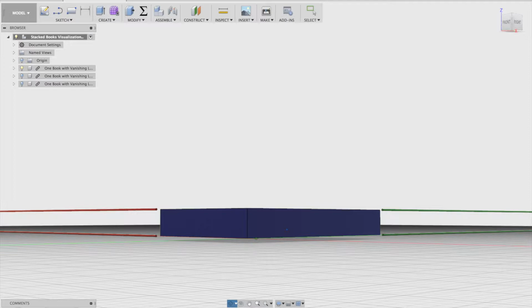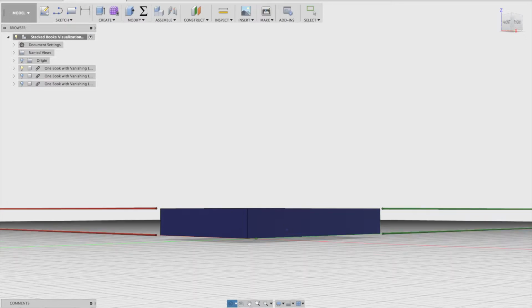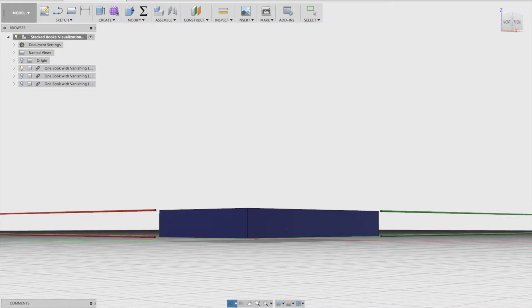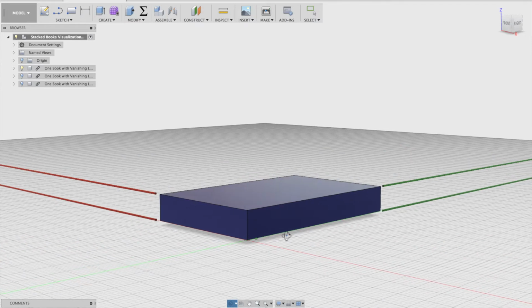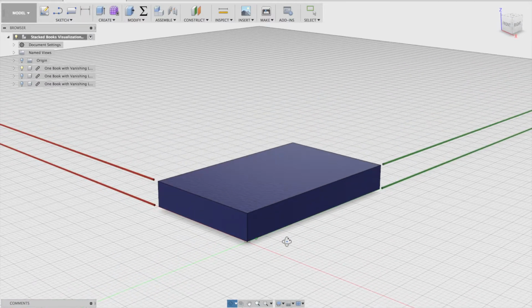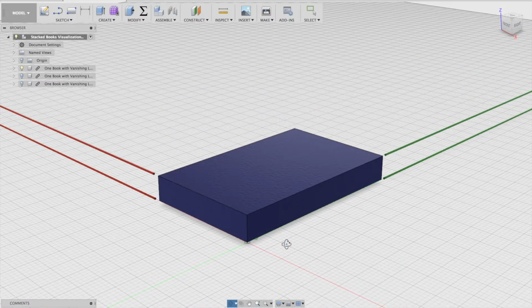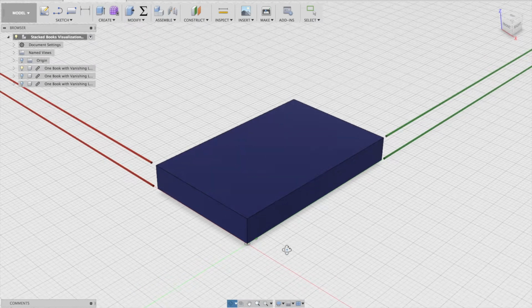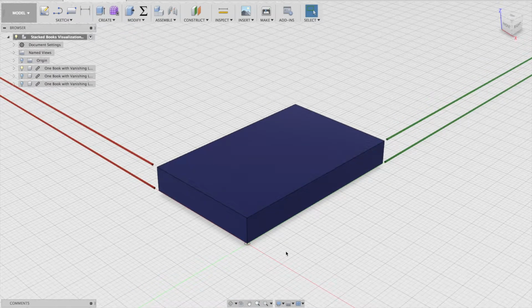And so notice also that those vanishing points do ultimately end up on the horizon line. So if my books are stacked close to eye level, I'll see something more like this, where I see less of the top of the book and more of the sides of the book. The further below the horizon line, or the more I'm looking down on them, the more that I would see the top of the book, and therefore I'd have a steeper angle.